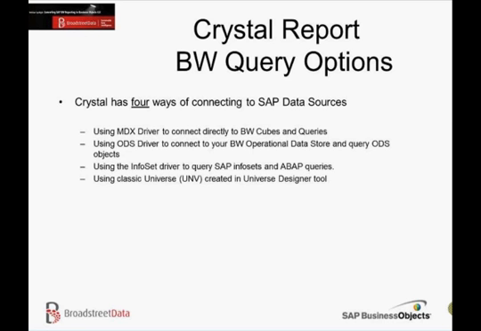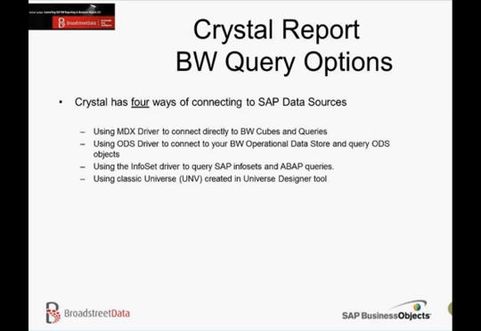We also have the ODS driver, which connects to the BW operational data store, and can query the ODS objects. And we also have the InfoSet driver, which allows us to connect to ABAP queries. And finally, we also have the ability to use the classic universes, UNVs, created in the classic Universe Designer tool.